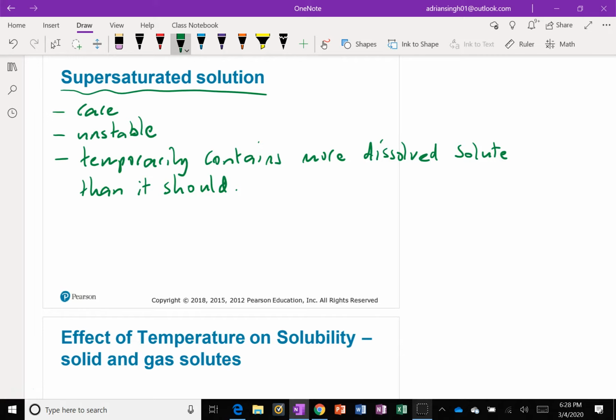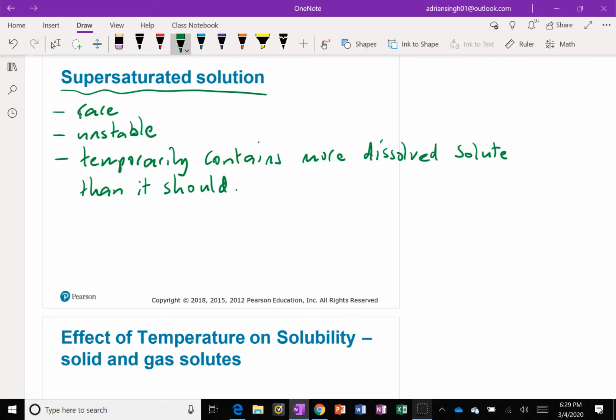So for example, if you've made candy at home, where you have a bunch of sugar dissolved in water, and then you adjust the temperature, maybe cool it down a little bit, and then you see crystals start to form. What you're actually doing there is making a supersaturated solution and then disturbing that solution to cause those extra solute particles to come out.